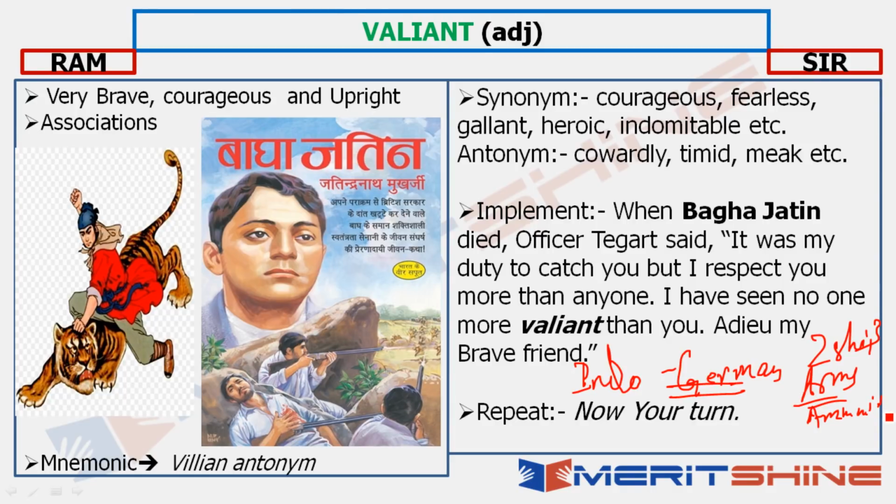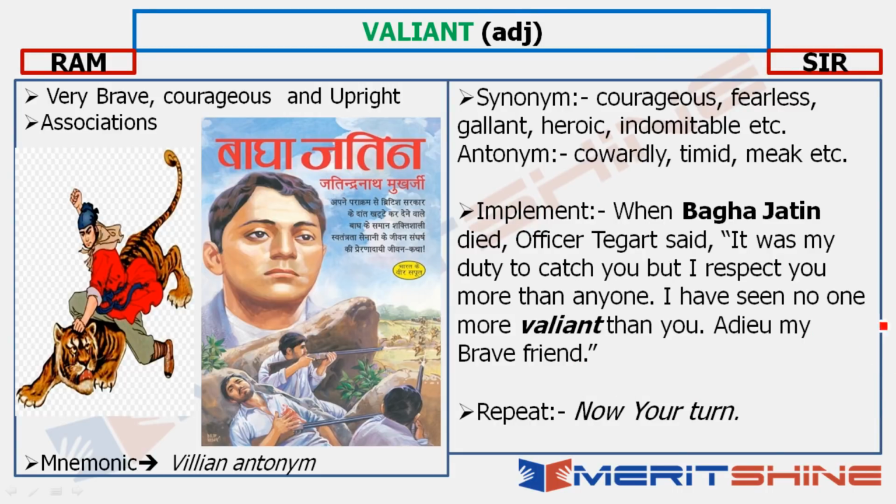But unfortunately, the ships laden with guns and ammunition were intercepted by British intelligence, and Bagha Jatin was cornered in his last stand in a place called Chasakhand, Balasore, Odisha. He fought till the last bullet.